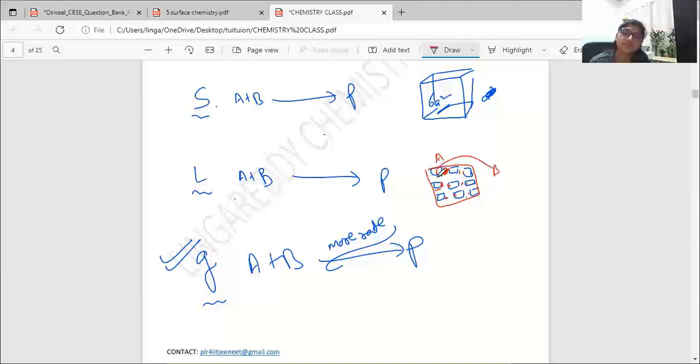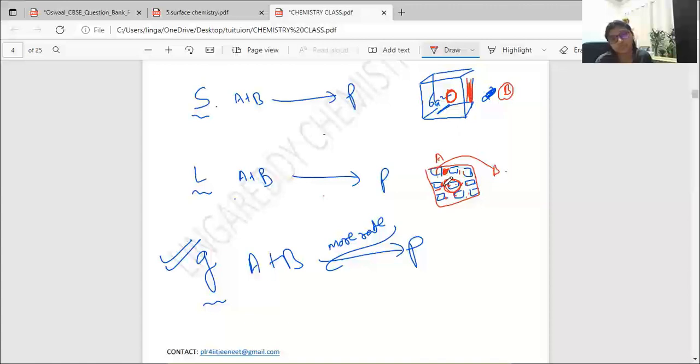So they can react from all sides. For example, the middle piece can also react with B in the case of liquid. But in the case of solid, the middle part is not in contact with the B substance at all, so there is no reaction with B. B reacts only with the surface molecules.